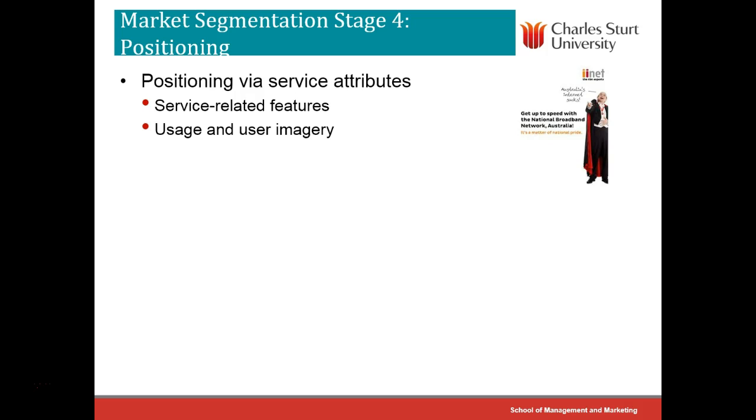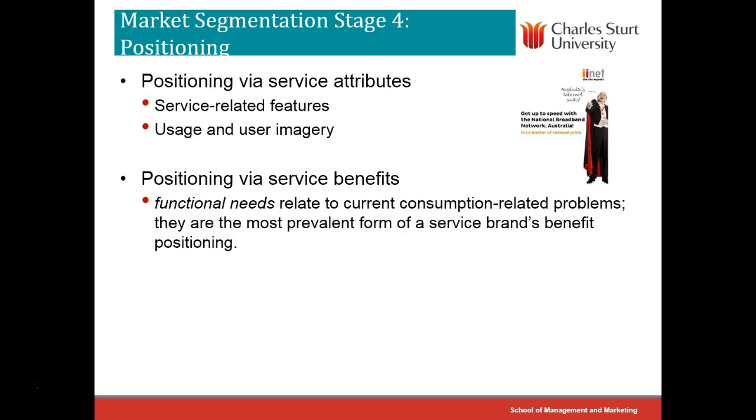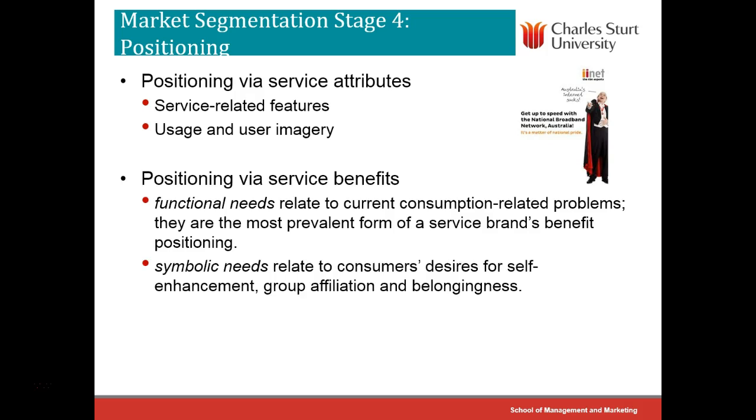The usage and user imagery, which is also shown in this advertisement, here we can position according to the user's personality, their lifestyle that we talked about earlier, and IONET, through some of the campaigns, you might argue, does that as well. We can also position via service benefits, functional needs, which again is reflected in the above advertisement, but also symbolic needs for self-enhancement, group identification and belongingness.